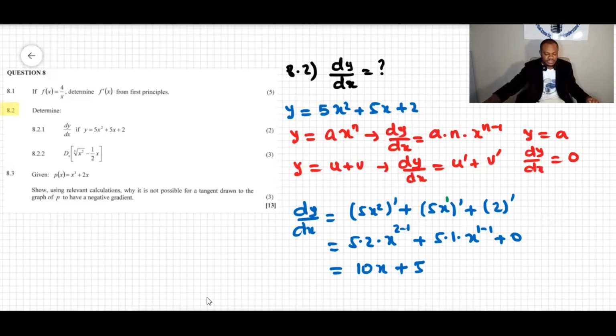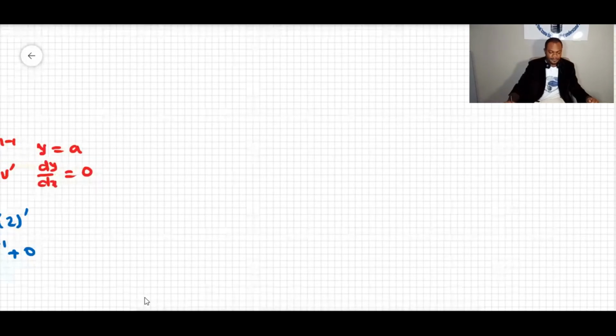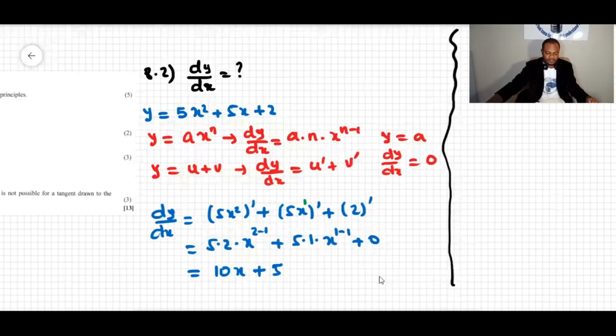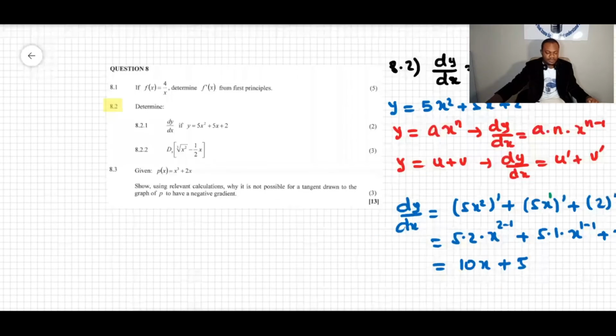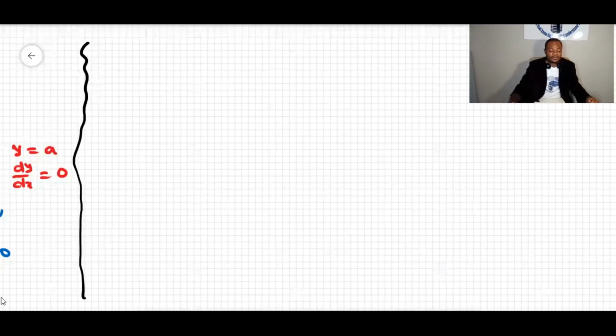Now that was 8.2.1. Now we're going to do 8.2.2. 8.2.2 is given by dx of the cube root of x squared minus half x. This is just another way of writing the derivative, the same thing.